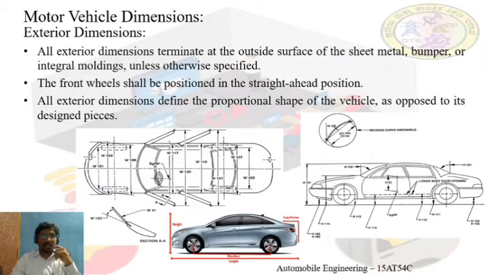All exterior dimensions define the proportional shape of the vehicle as opposed to its designed pieces. So based on the exterior dimensions, let's see a video, you will get a better idea.